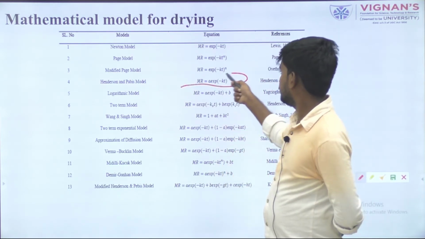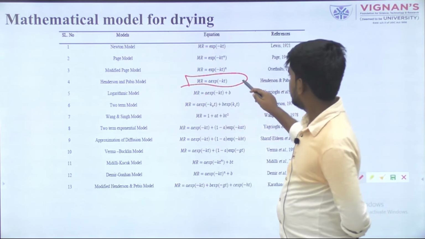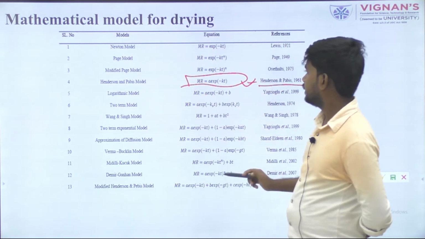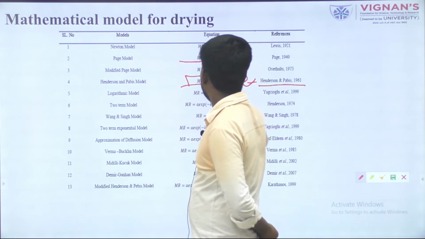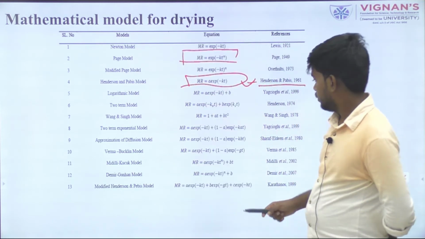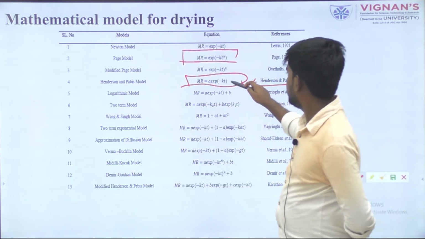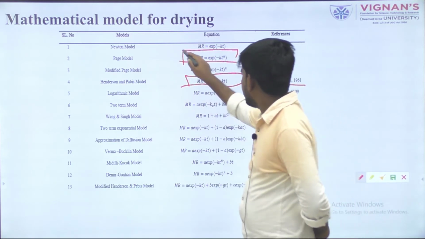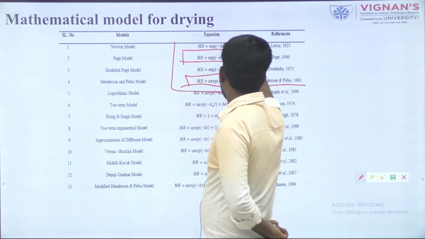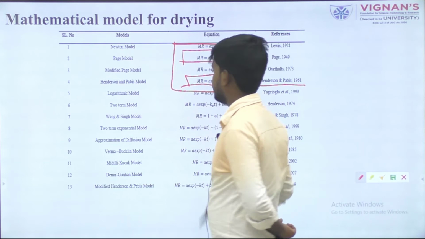Henderson model, you remember this formula, and the Page model is very important. Most of the time these first three formulas are asked in the GATE exam.